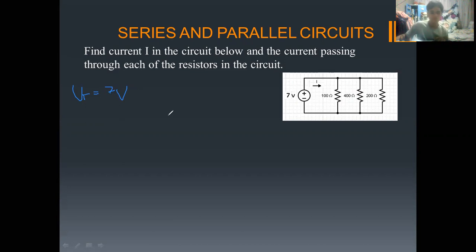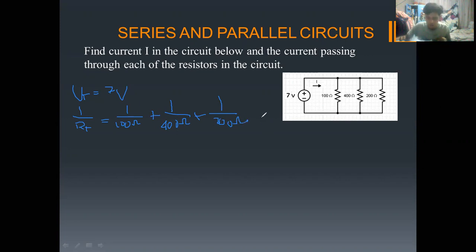Tapos, parallel ito. So, yung R total natin, 1 over R total is equal to 1 over 100 ohms plus 1 over 400 ohms plus 1 over 200 ohms.